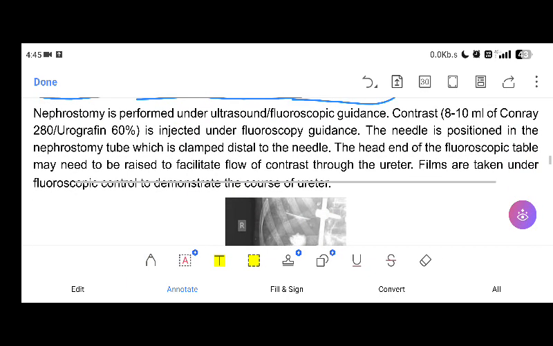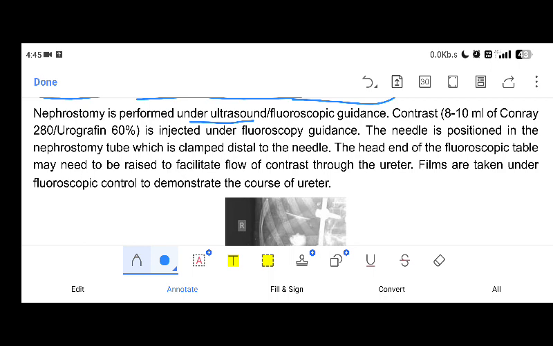So nephrostomy is performed under ultrasound or fluoroscopy guidance.